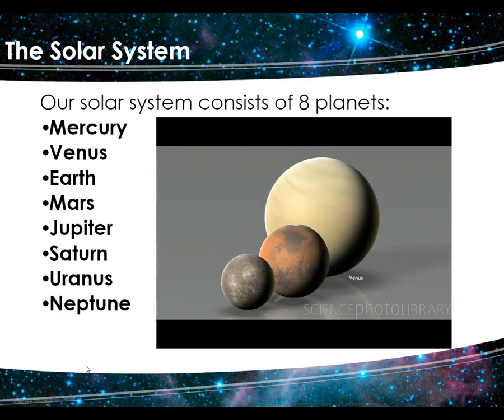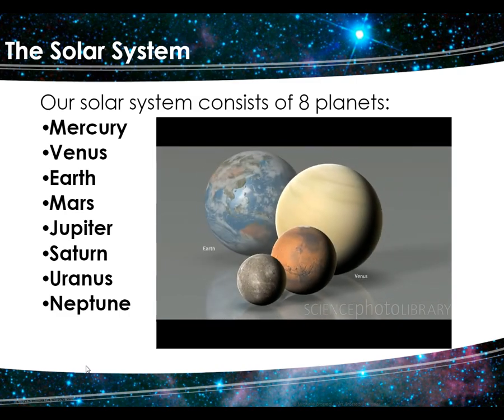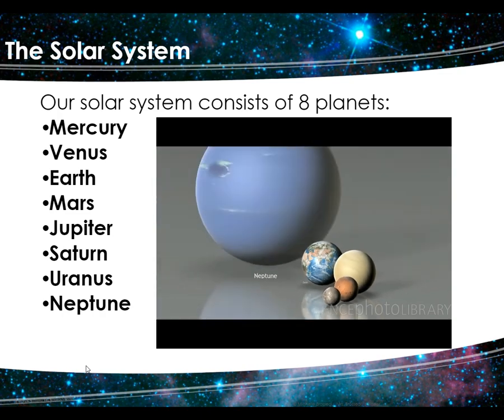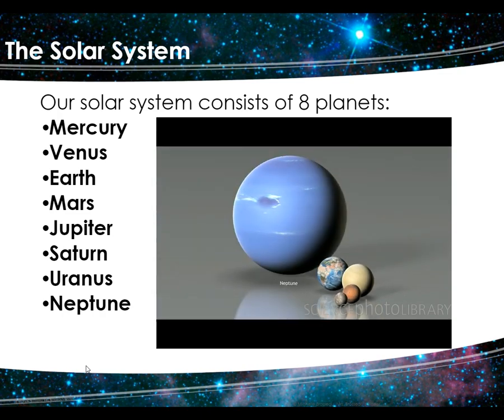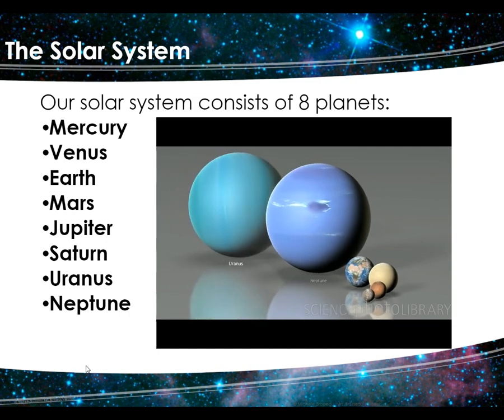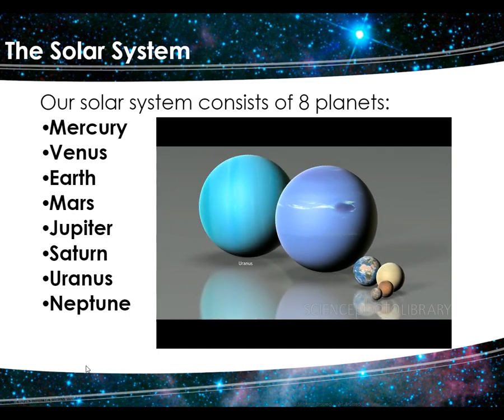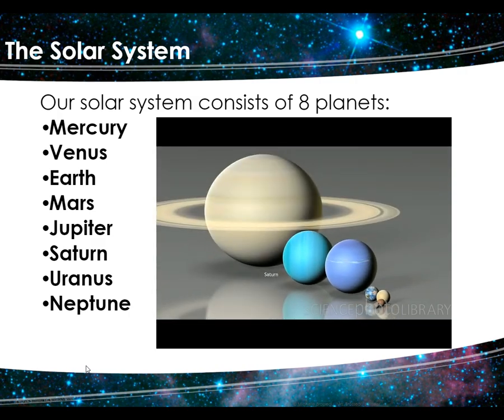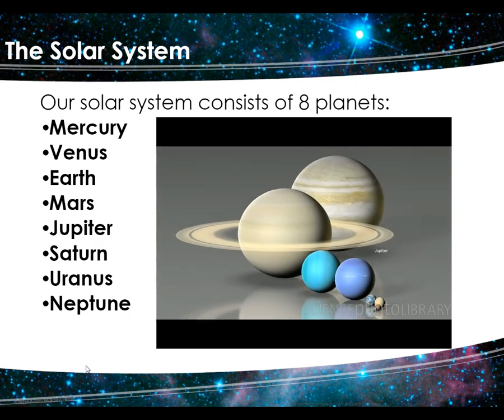Then Venus, much larger than Mars. Earth, slightly bigger than Venus, but close to the same size. Huge jump when we get to Neptune. Uranus, or Uranus, both are correct. Saturn. Jupiter, even bigger than Saturn.